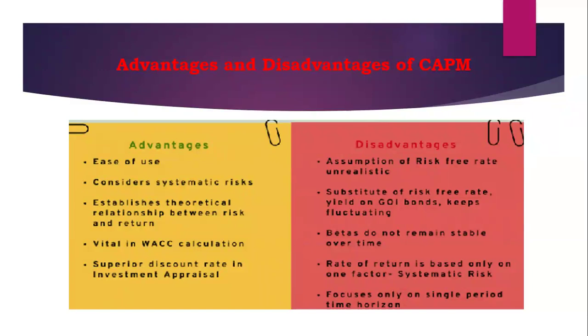Even government of India bonds keep on fluctuating. The third one is betas. The systematic risk measurement doesn't remain stable over a period of time. It will fluctuate. The rate of return is based on only one factor, that is systematic risk. Then it focuses only on a single period time horizon. All these are the different disadvantages as far as the CAPM is concerned.